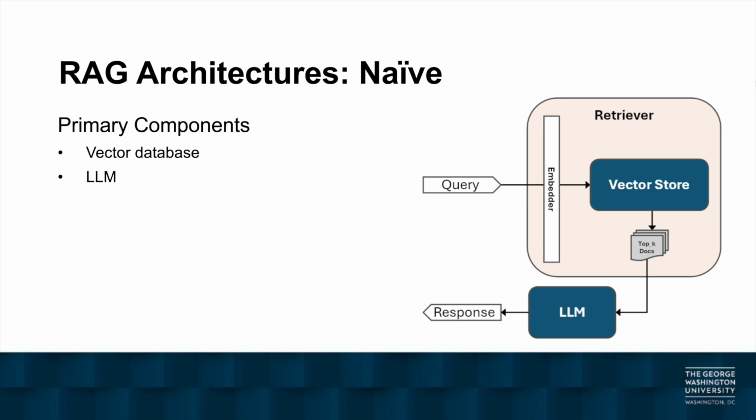So, our RAG architectures. In what was called our naive RAG architecture, or our basic first attempt at this, if you look at this diagram, I'm going to talk you through it. The user query is processed and embedded using the same model that generated the vector store.